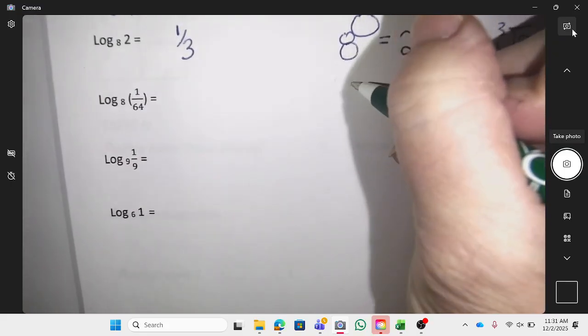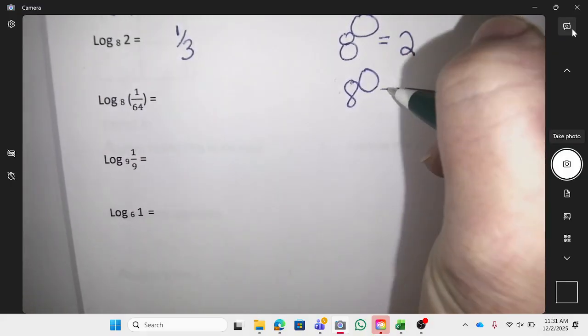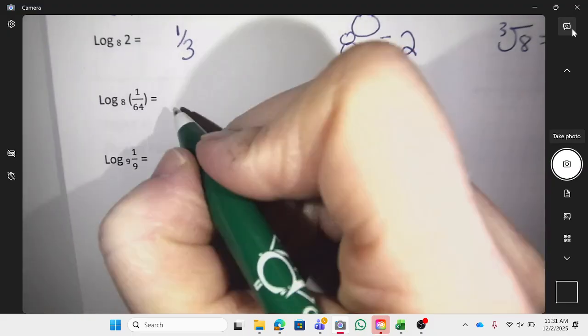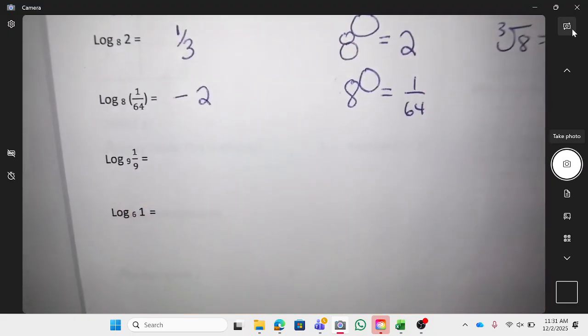So this one looks like base 8. We're going to figure that out. What gets me to the fraction 1/64? Okay, so I'm already going to think negative because it flipped me to the bottom. So negative and 2. Because 8 squared.